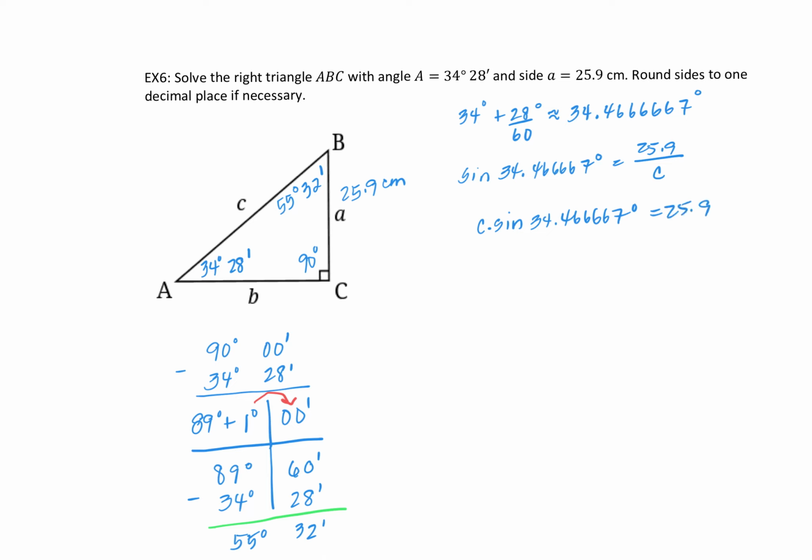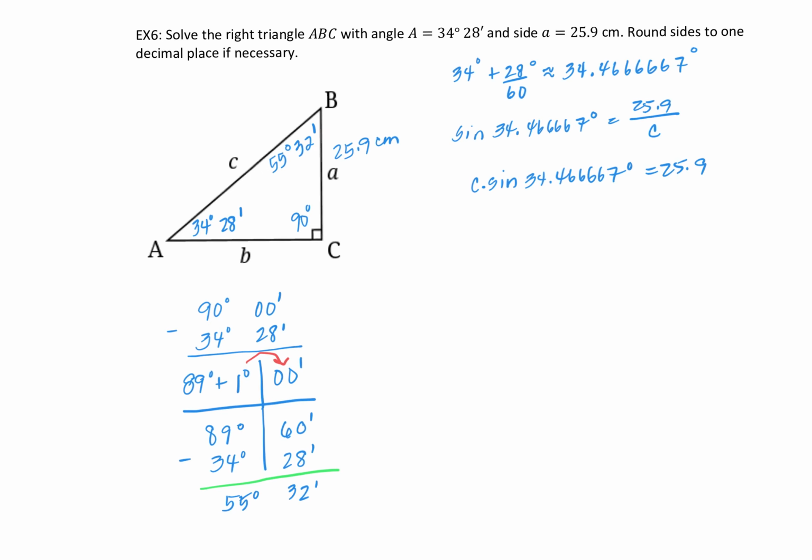Again, I'm trying to get something I can put in my calculator, so I have to get the C by itself. In this case, you would divide both sides by the sine of 34 degrees to get C equal to 25.9 over sine of 34.4666667.